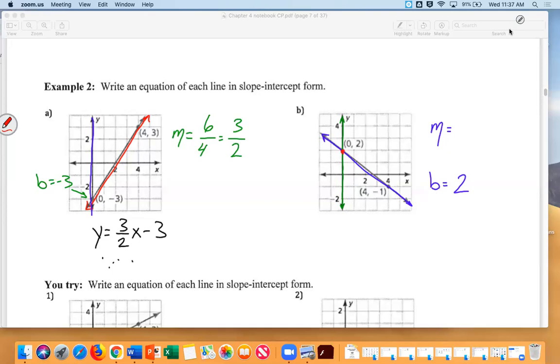So I need to get from this point, because that's where my point's given, to this point. How many down? How many to the right? So my answer is y equals -3/4 x plus 2.